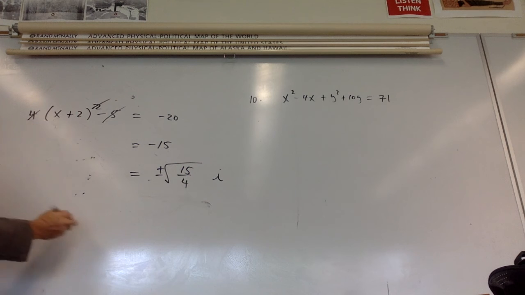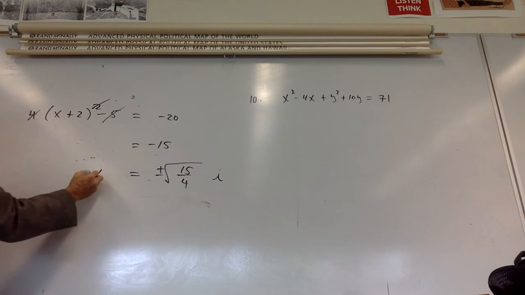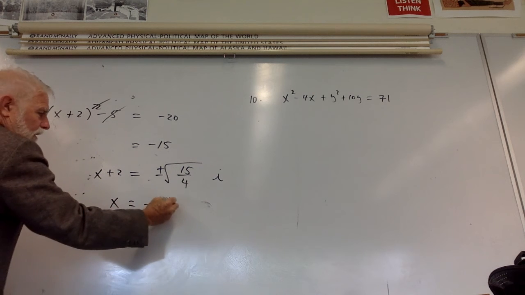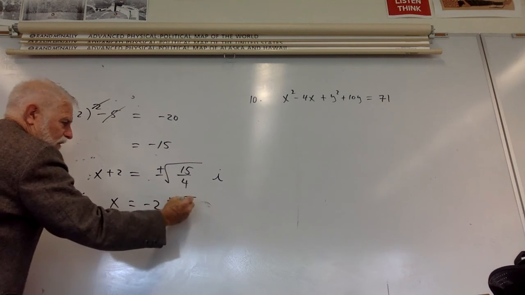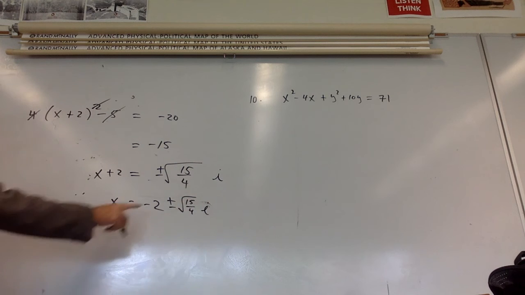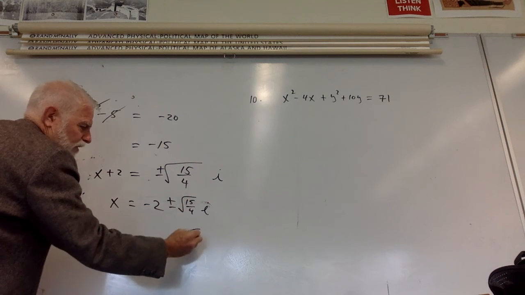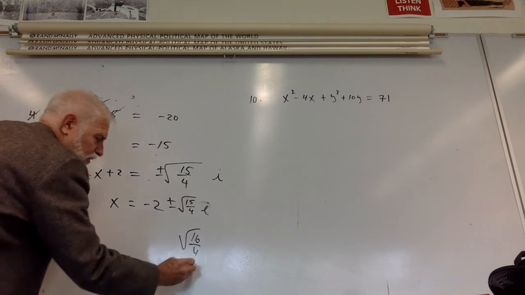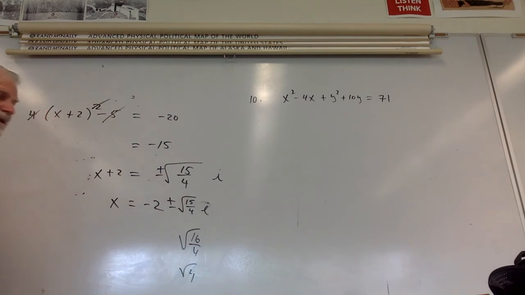And the last step is, x plus 2 is where we're at the moment. So x is equal to negative 2 plus or minus the square root of 15 over 4 i. Now, 15 over 4 is pretty close to 16 over 4, by the way, and the square root of that is the square root of 4. So you're adding plus or minus 2 here.